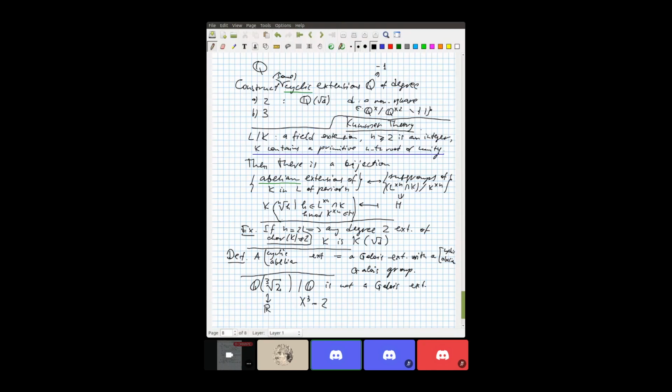So you cannot permute the roots. So this extension is not normal. That's the problem.